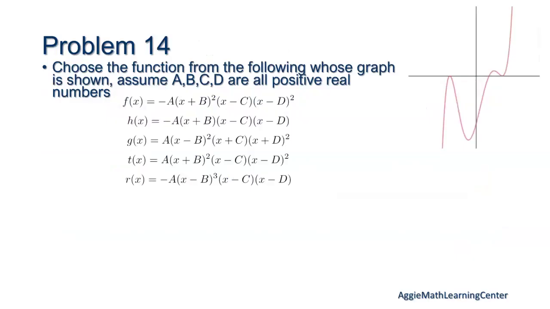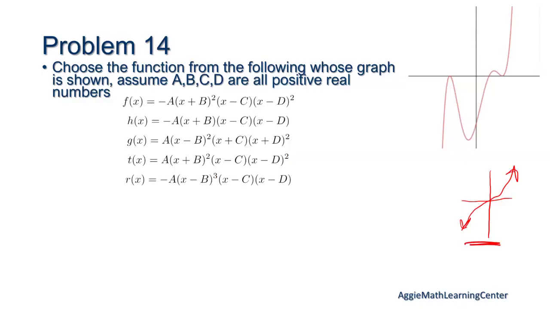So choose the function from the following whose graph is shown. Assume a, b, c, and d are all positive real numbers. So we have this graph over here. And the first thing that I look at is what is the end behavior. If you just ignore all the stuff in the middle, it looks something like that. A normal cubic function, or a normal function that's odd, if it's positive, then it'll look like this.